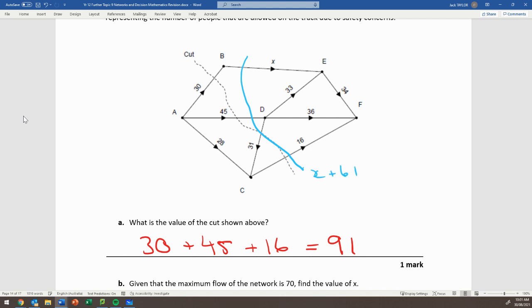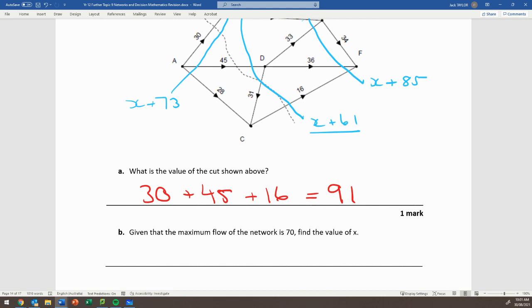If I did a cut through here, that makes X plus 73. If I did a cut through here, that's X plus 85. So this is the one we're going to be using because that is the minimum cut. Therefore, the value of X is 9. 9 plus 61, making that flow of 70.